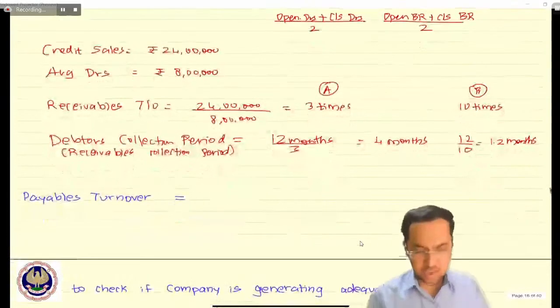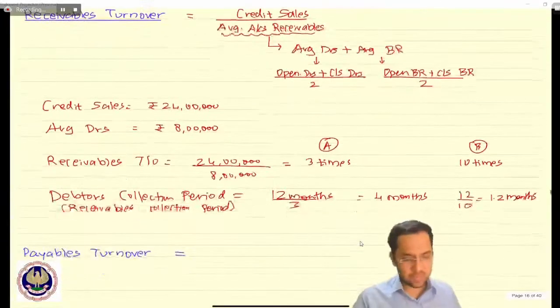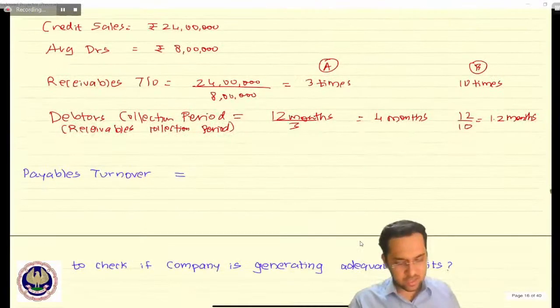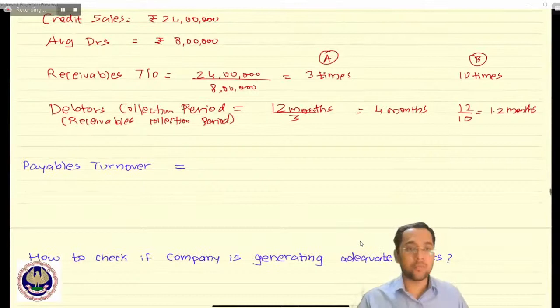Now payables turnover, as you say, the formula is pretty simple. Payables turnover is, we are interested in how effectively we are utilizing the creditors.